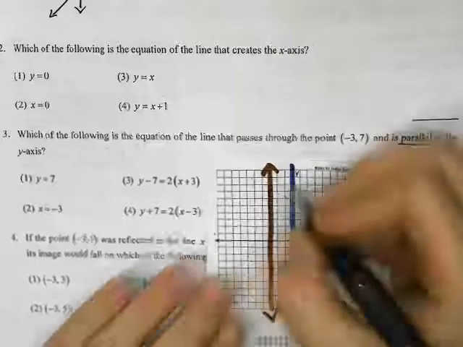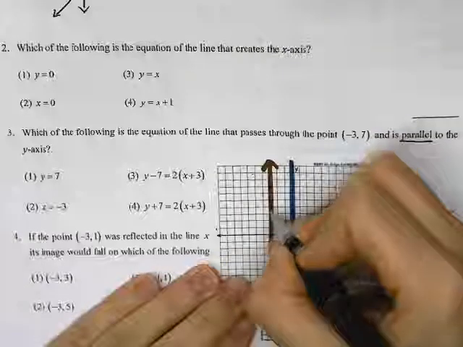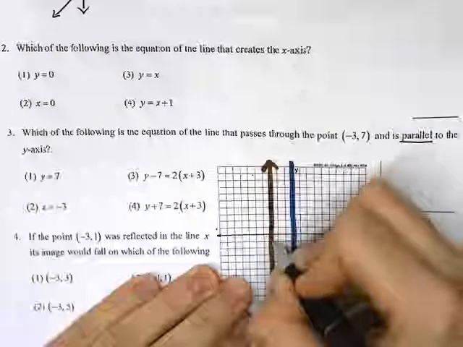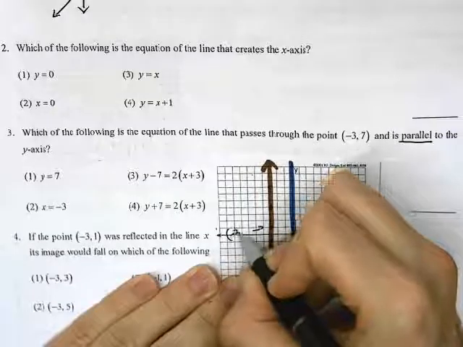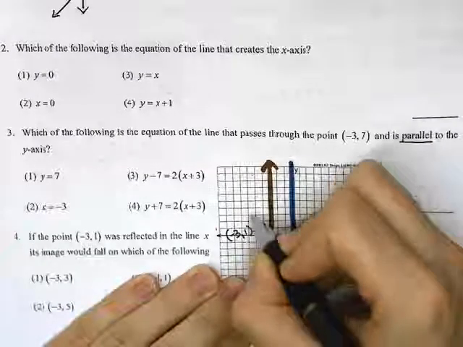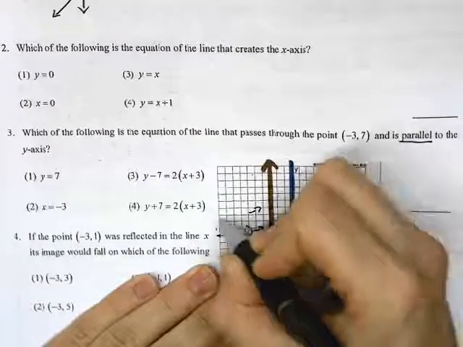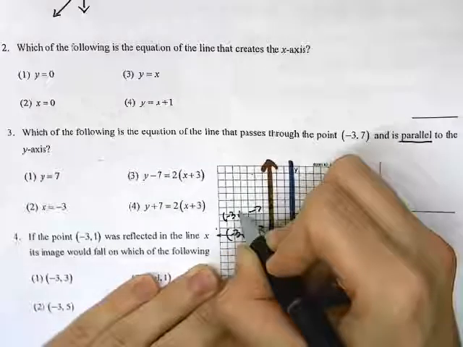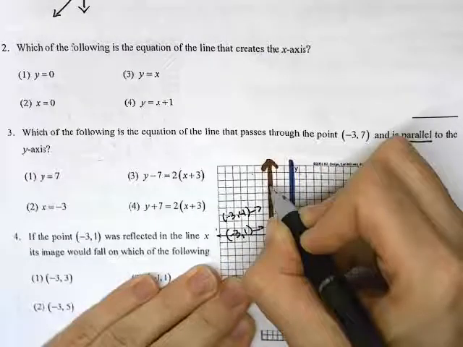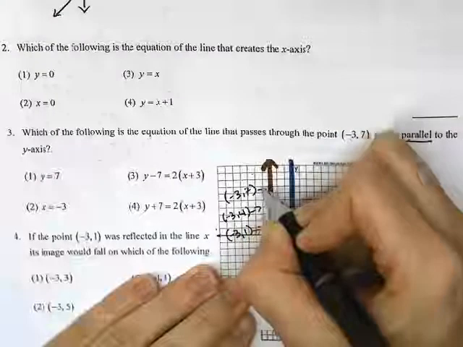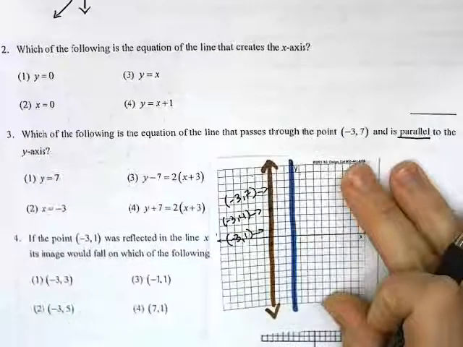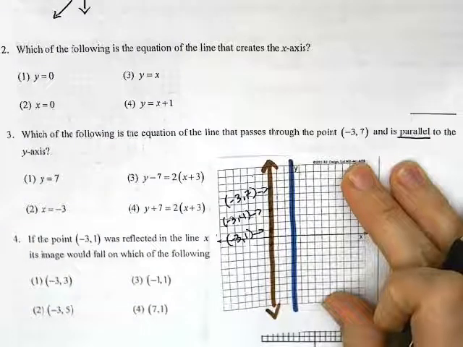Now if you plot a bunch of dots on this line, this point right here is (-3, 1). This point is (-3, 4). This point is (-3, 7). So hopefully you have your answer by now, very similar to what we did in class.